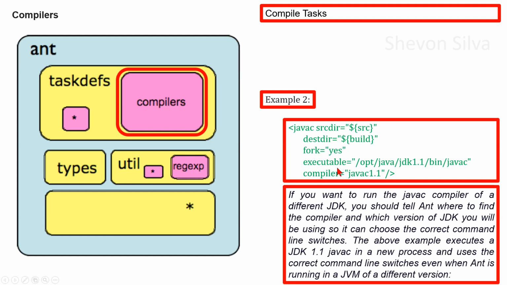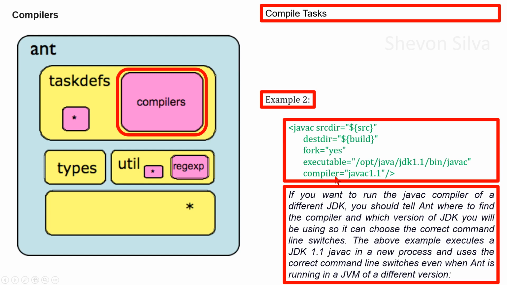Here you can see the executable attribute, complete path to the javac executable to use in case fork is yes. Since Ant 1.6, this attribute can also be used to specify the path to the executable when using Jikes, JVC, GCJ or SJ. Here you can see the compiler attribute, the compiler implementation to use.